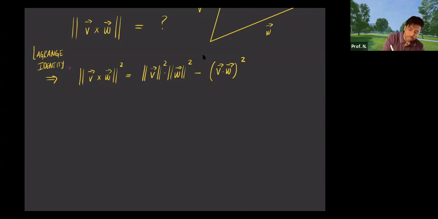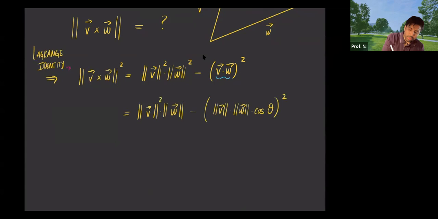And then what happens? Well, because this is the case, look what we get on this section here. What is v dot w again? V dot w is the norm of v times the norm of w times cosine theta.